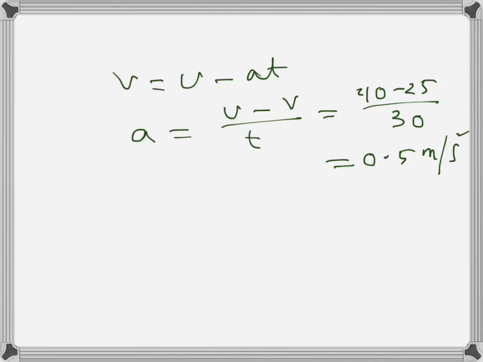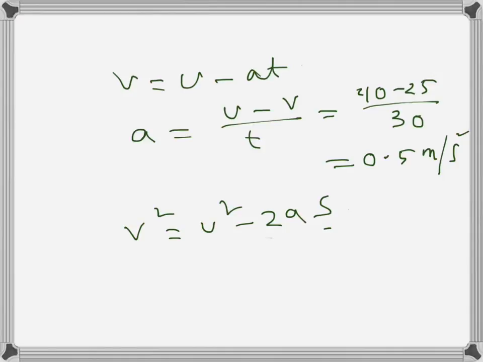With that information we can find how much this distance is. Since we don't know the time here, we can use another equation: v squared is equal to u squared minus 2as. With that we can find the distance. Basically, sorry, we know the time, we need to find the distance.